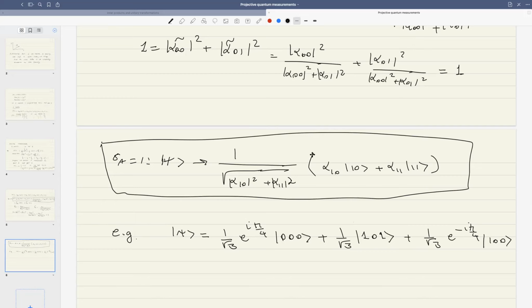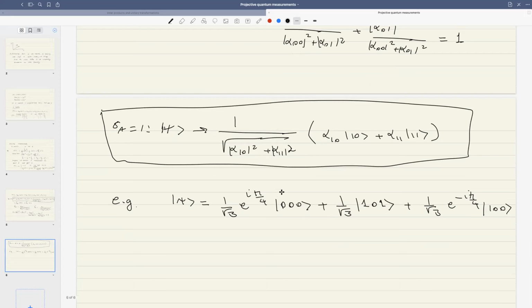And then, so again, let's say this is qubit A, this is qubit B, this is qubit C. And suppose we do a measurement on qubits A and B. We don't measure C.